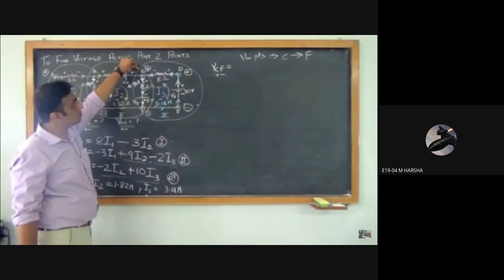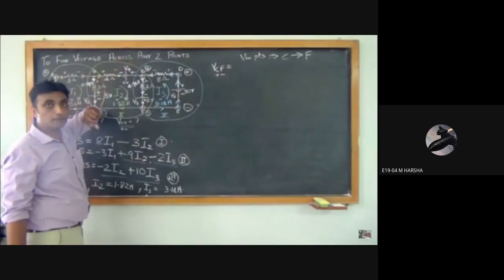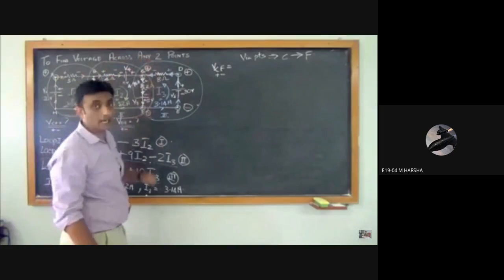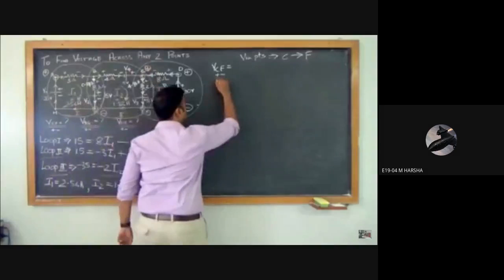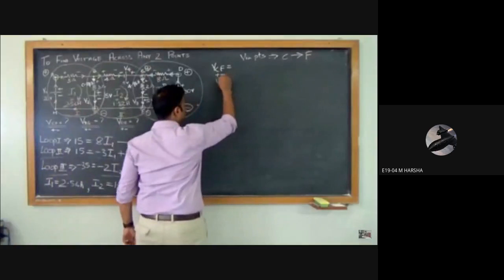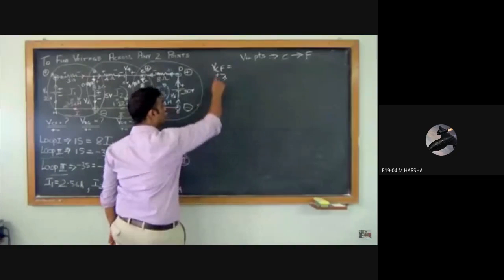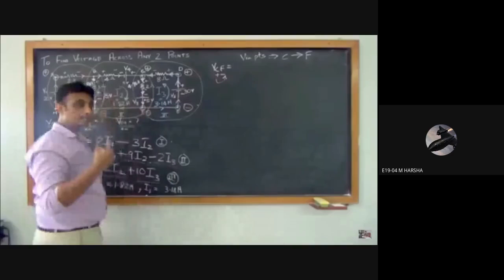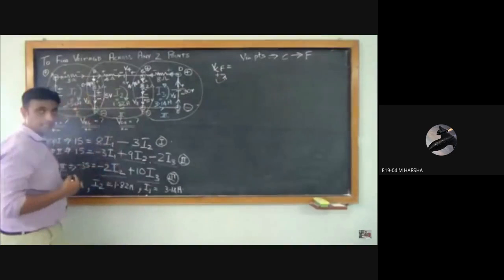Now we are going from points C to F. You can start from C and go to F, or you can start from F and go to C. So we will consider the first case.